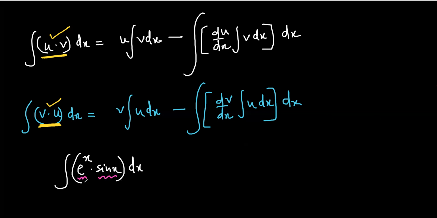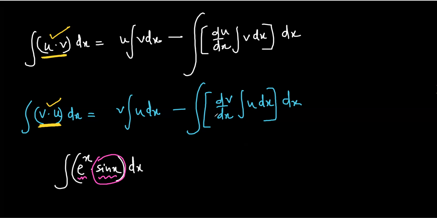So which one should I write as the first factor and which one as the second factor? This is very important, because remember, whichever is the second factor, that will only be integrated.